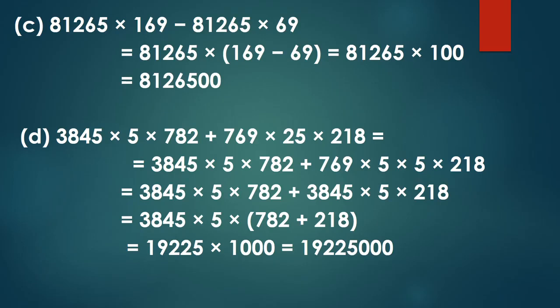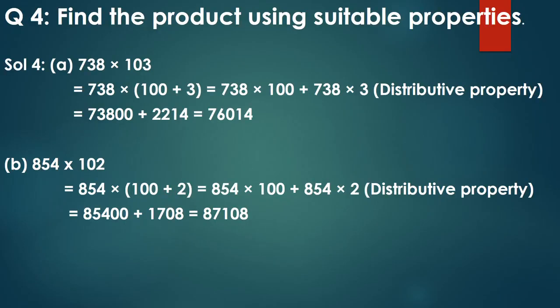Now two numbers are common and inside the bracket what is left? 782 plus 218, and 782 plus 218 is 1000. So it is 19,225 multiplied by 1000. Your answer is 1,92,25,000.